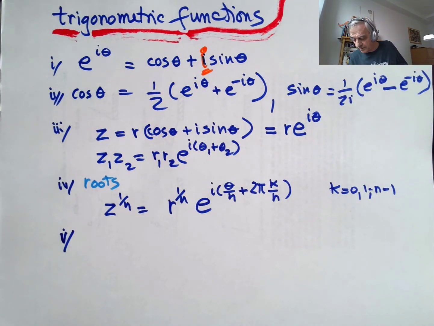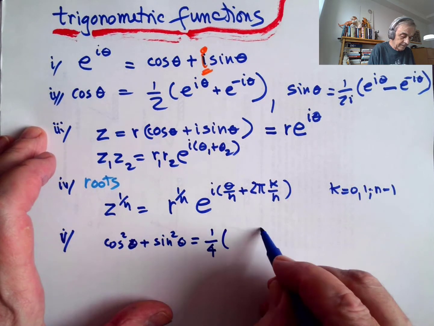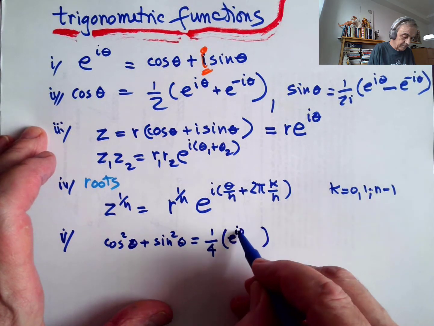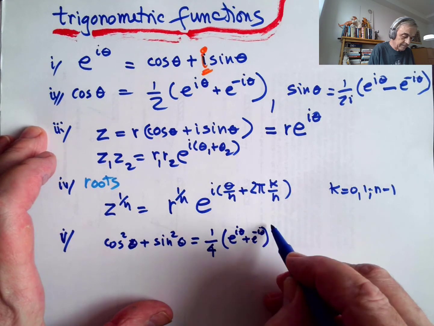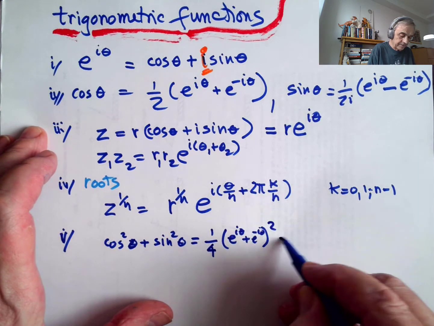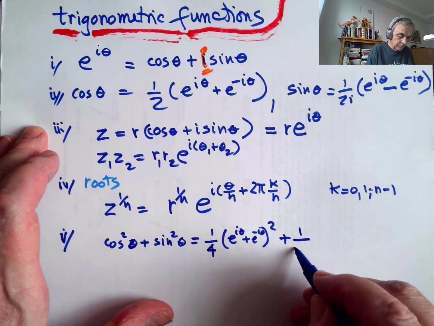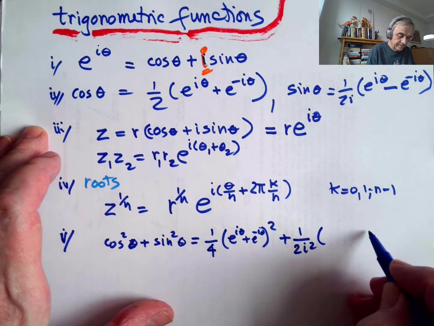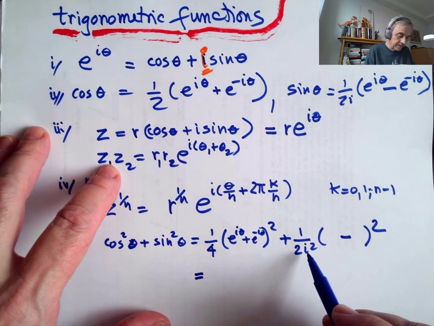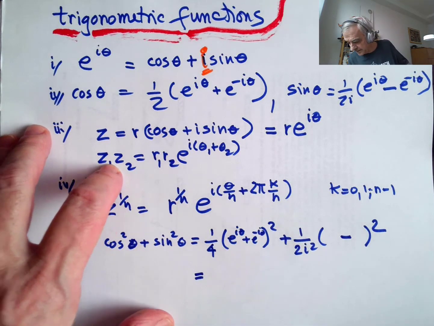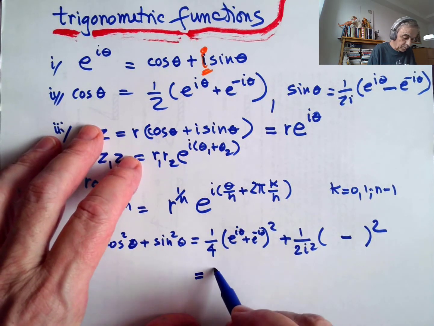For example, (1/4)(e^{iθ} + e^{-iθ})² plus (1/2i)² (e^{iθ} - e^{-iθ})² is the same thing as minus. So there is a minus and a bunch of terms cancel. I will not bore you with it. But we get 1.